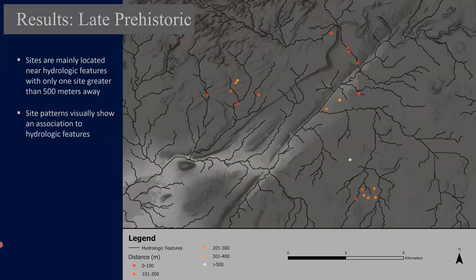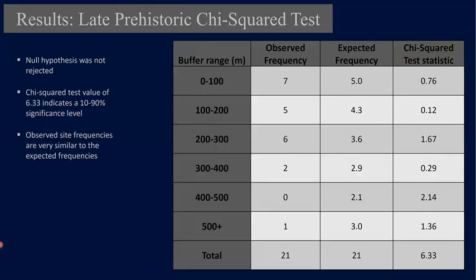The late prehistoric shows a similar visual association with hydrologic features shown in red and orange, and only one site in the light yellow that represents greater than 500 meters. Though, differing from the archaic, Anasazi, and archaeological data sets, the late prehistoric chi-square test did not support this visual association.